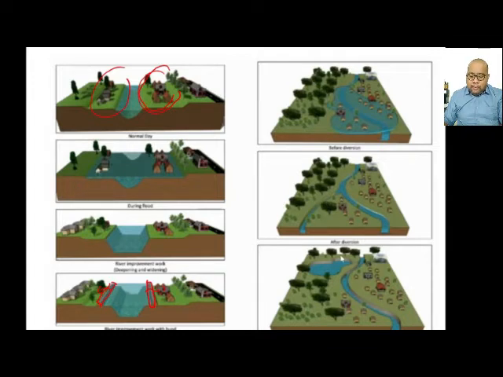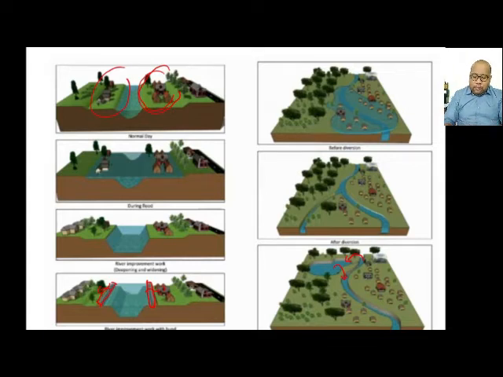Ataupun you make some sort of detention pond here, okay, and then you put in a pump. So when the water reaches a certain level, the pump will operate and the water will be stored in the detention pond. And then after a certain period, air itu akan mengalir balik ke main sungai.